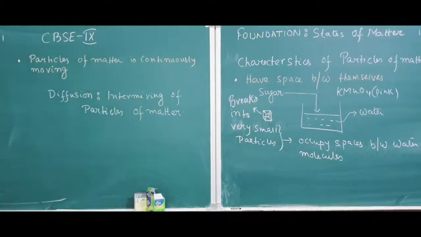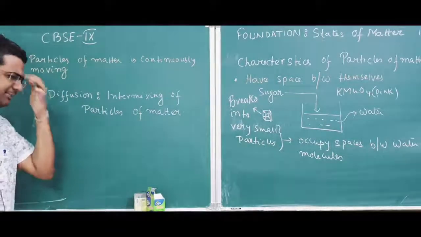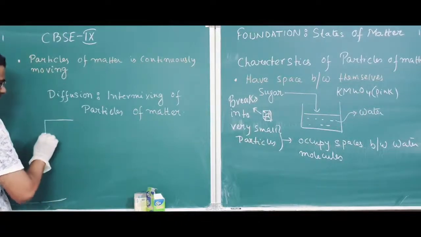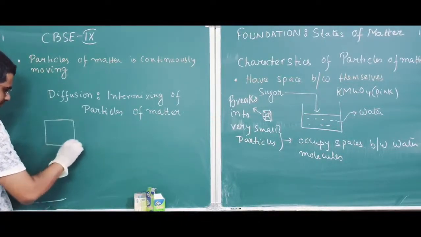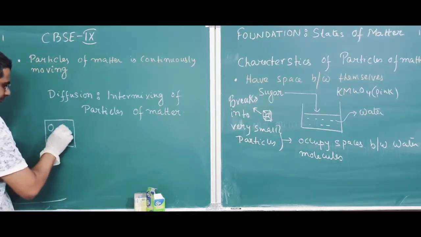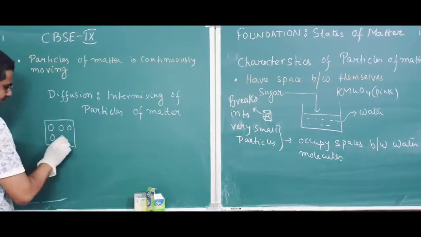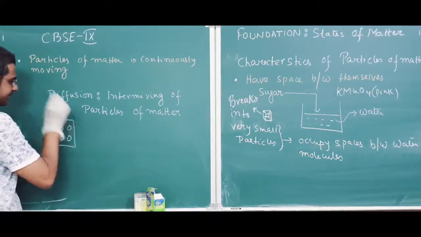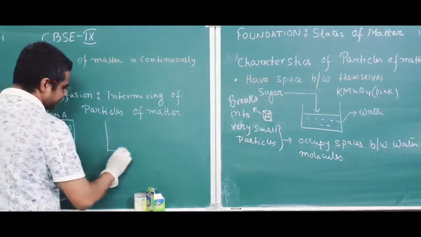So this is diffusion, intermixing of particles of matter. Clear? So what is it really? You have to understand. See, suppose I have taken this box. It is having some gas, say gas A. Another box is there.